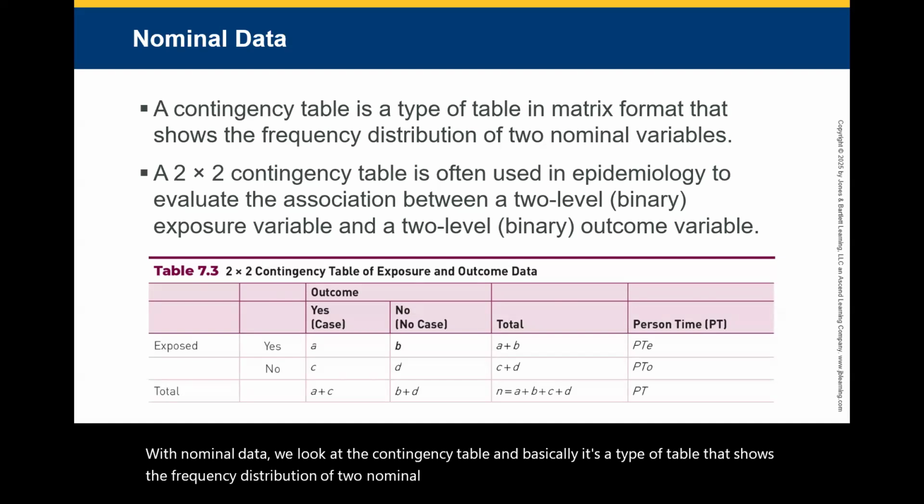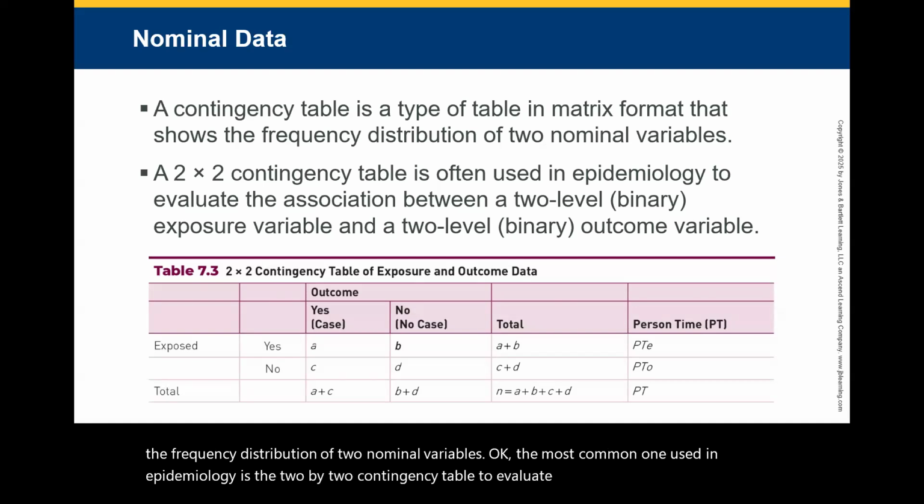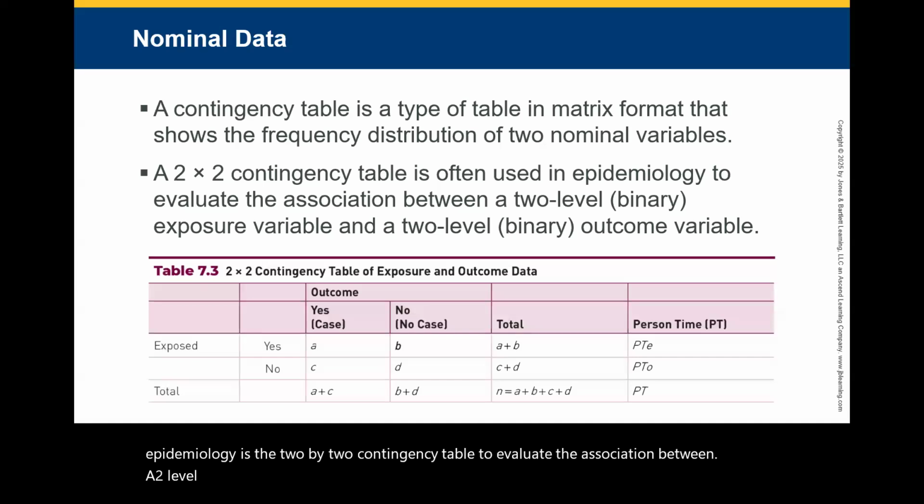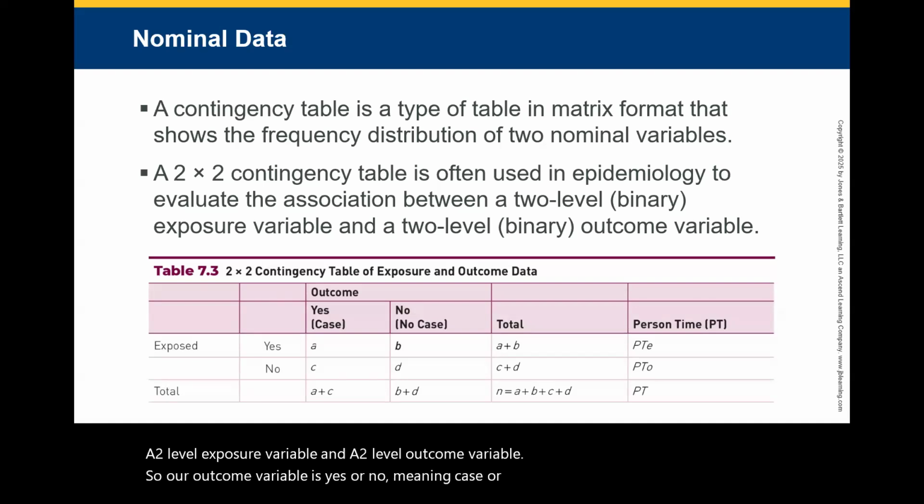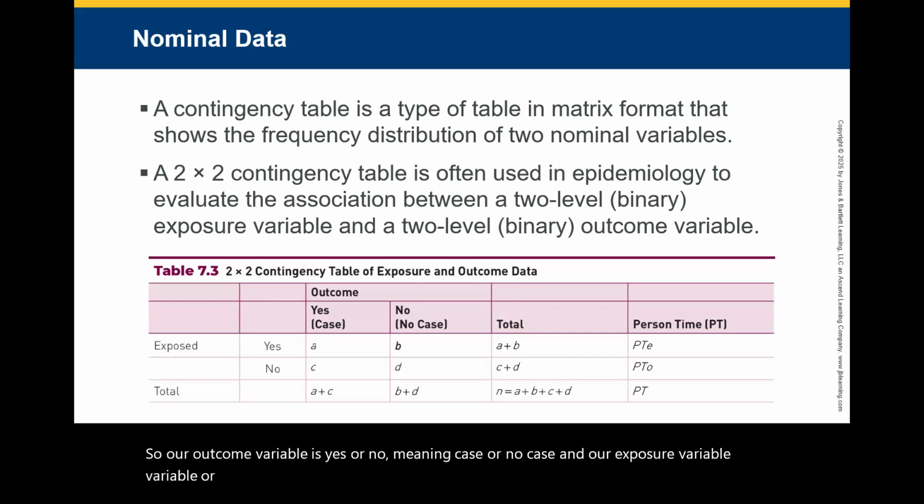The most common one used in epidemiology is the 2x2 contingency table, to evaluate the association between a two-level exposure variable and a two-level outcome variable. Our outcome variable is yes or no, meaning case or no case, and our exposure variable is yes or no, exposed or not exposed. So that's our 2x2 table.